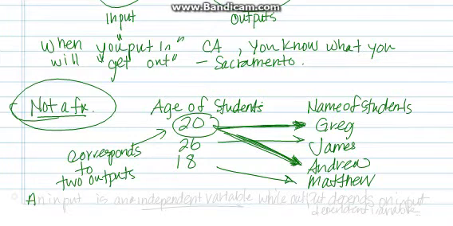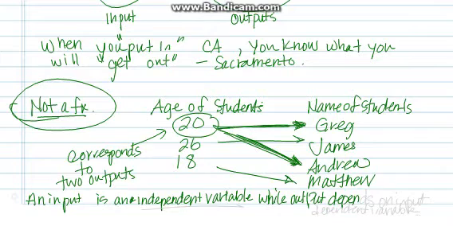Now we have another word for our input. An input is an independent variable, while the output is a dependent variable because it depends on what you put in for your input.